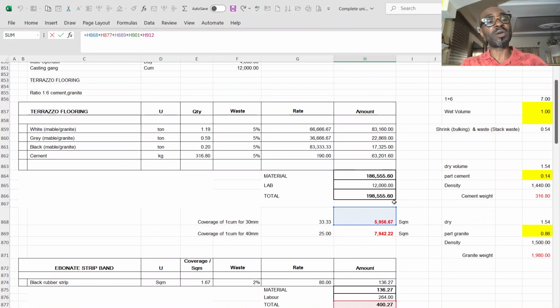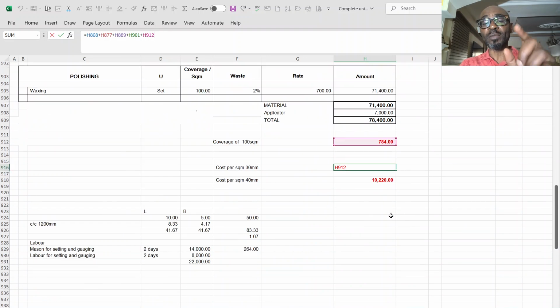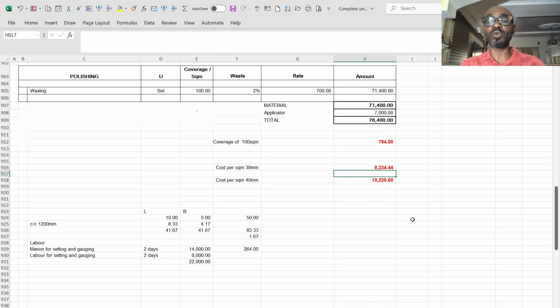So you have 5,956.67 for the 30 mm, while the 40 is 7,942.22. So you sum them together, you have 8,234.44 for the 30 mm. While for the 40 mm, you have 10,220.00 naira per square meter.